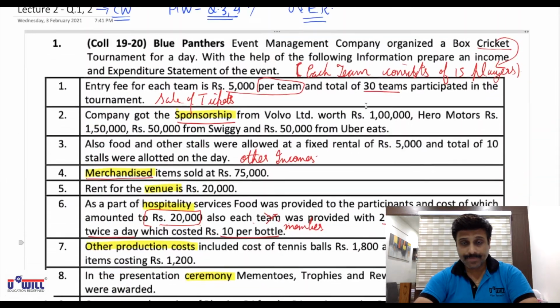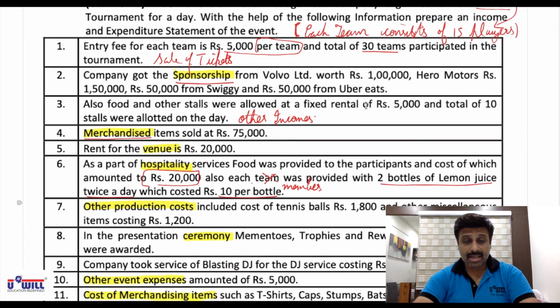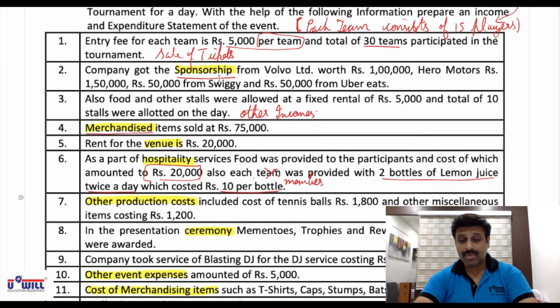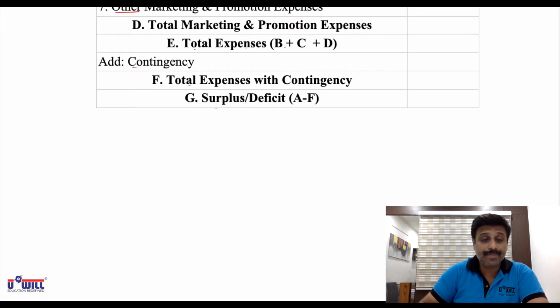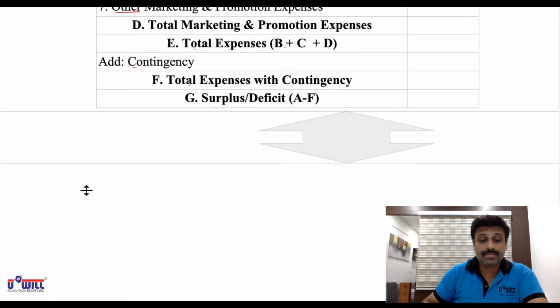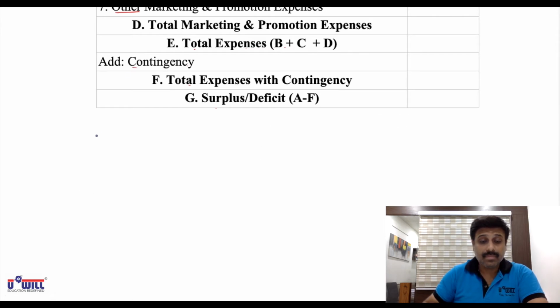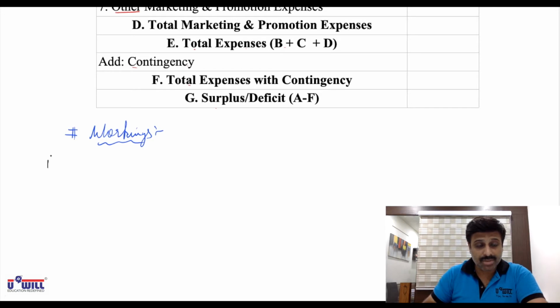Then the ceremony got the sponsorship from Volvo 1 lakh, Hero Motors 1,50,000, 50,000 from Swiggy and 50,000 from Uber Eats. We'll make workings for this. Sponsorship will show in working note 1. If you remember, I made you write the column of working notes also. So working note 1 for sponsorships.